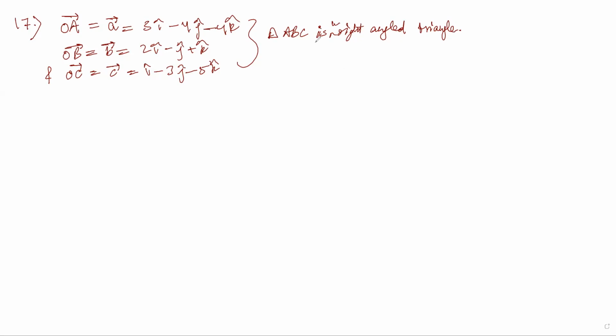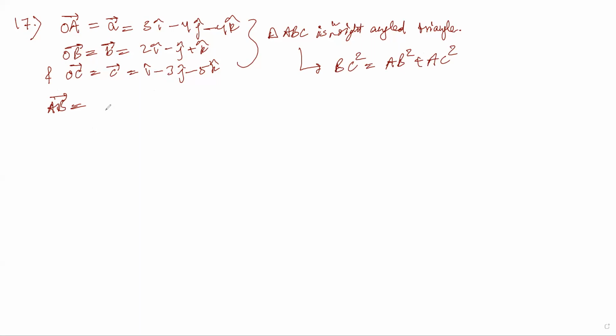How can you show any triangle is a right angled triangle? We can use the distance formula first to find, you can say, BC square is equal to AB square plus AC square. And BC square, we can find by taking the distance formula between vector B and C. Correct. Like that we can do for AB and AC. So how do I find out AB? Just tell me that.